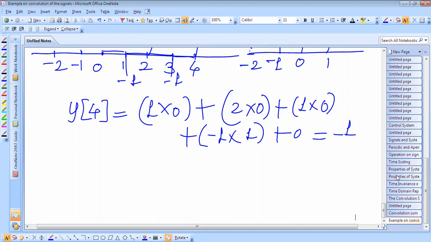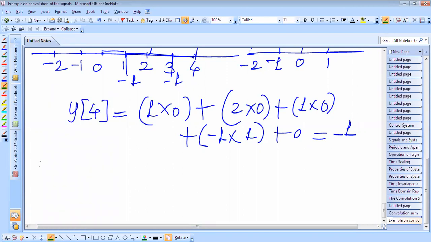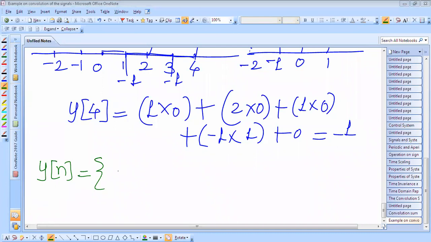Now we can write here y of n. So the response is, we have started from n is equal to -2. For n is equal to -2 it is 1.